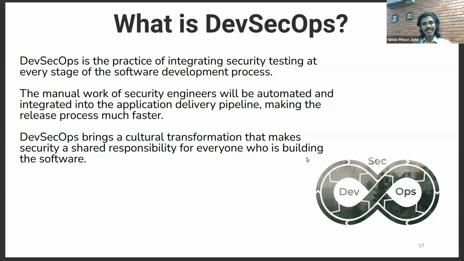It's basically a cultural transformation that makes security a shared responsibility for every team. It's the responsibility of developers, the security team, and the operations team, right? And you may be asking, then why do we need a security team? The security team acts as a facilitator.